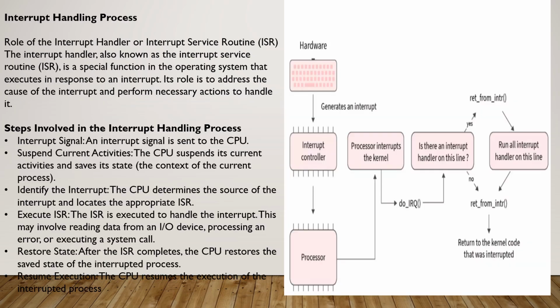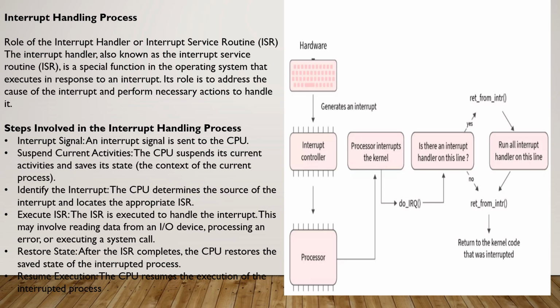Interrupt handling process. The interrupt handler, also known as the interrupt service routine or ISR, is a special function in the operating system that executes in response to an interrupt.